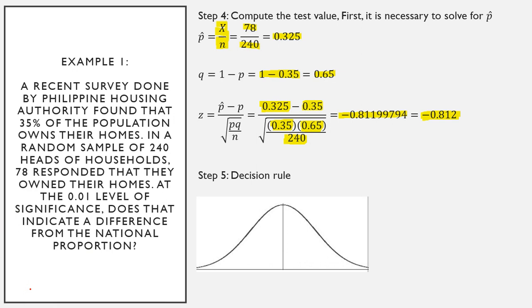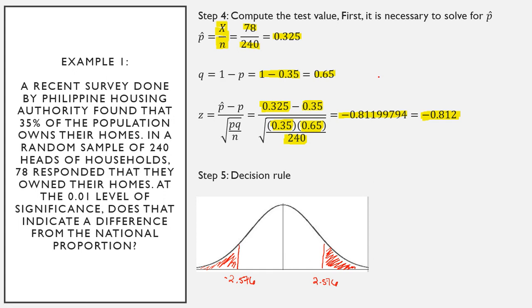Since dalawang tailed po or two-tailed po ito, so both end po ng normal curve natin is meron pong critical region. So, nandito po yung negative 2.576 and then yung positive po nandito. Siyempre, don't forget to shade the critical region para po hindi po tayo malilito. Okay, and then yung unshaded part po, yan po yung non-critical region.